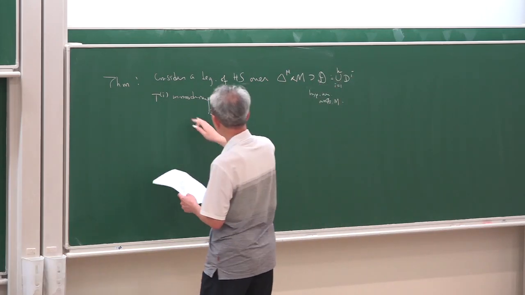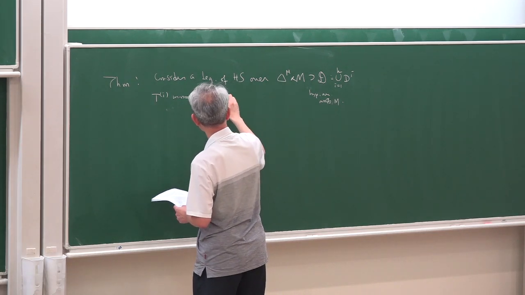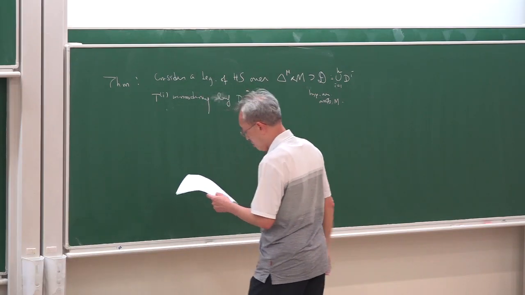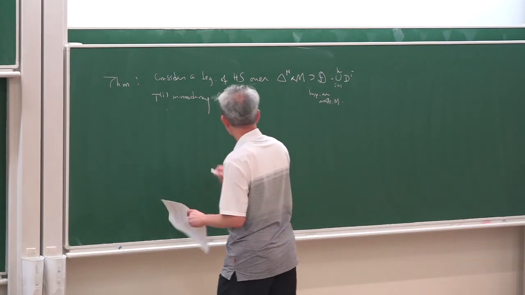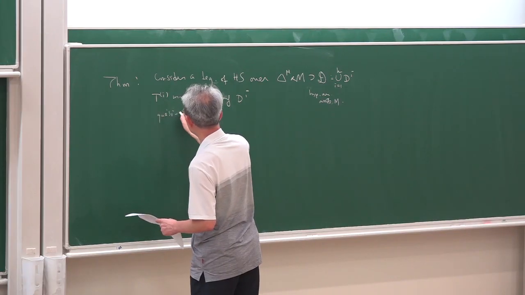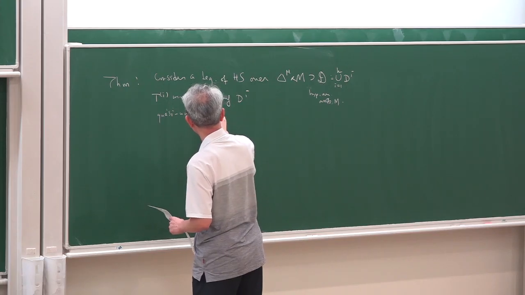And then the monodromy along Di is assumed to be quasi-unipotent, degree mi.